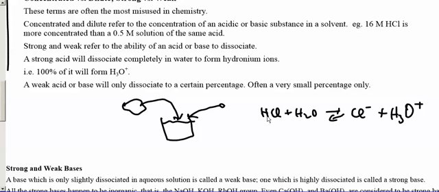When I throw HCl into water, there is no HCl left. It is gone. All I will have is Cl minuses and H3O pluses. If a weak acid or base, only a little bit will dissolve. Maybe as much as 10% will dissolve, but not 100%.